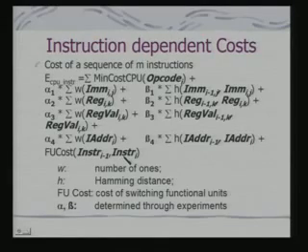So in fact, this whole model is a generalization of the previous model, because you are bringing in these terms. The previous model talked about the base cost and only the inter-instruction cost. Now you have other terms being brought in.